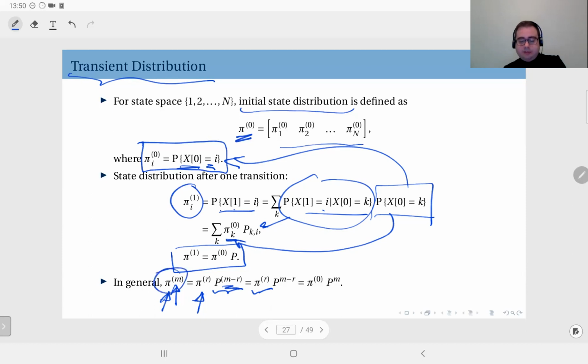Finally, you can express the transient distribution at time m, based on the initial state distribution, as pi 0 times P to the power m. So what this says is, if you start in this distribution, this is the initial state distribution, and make m transitions, you can find the transient distribution at time m.